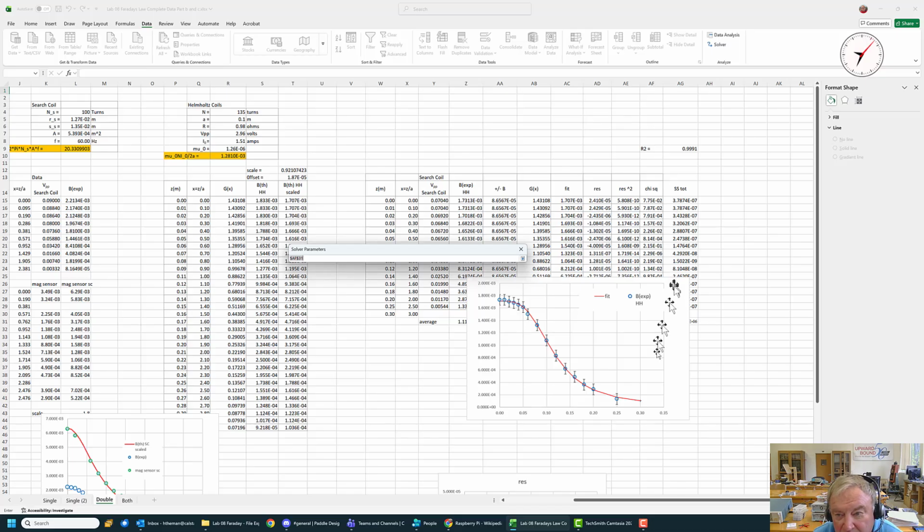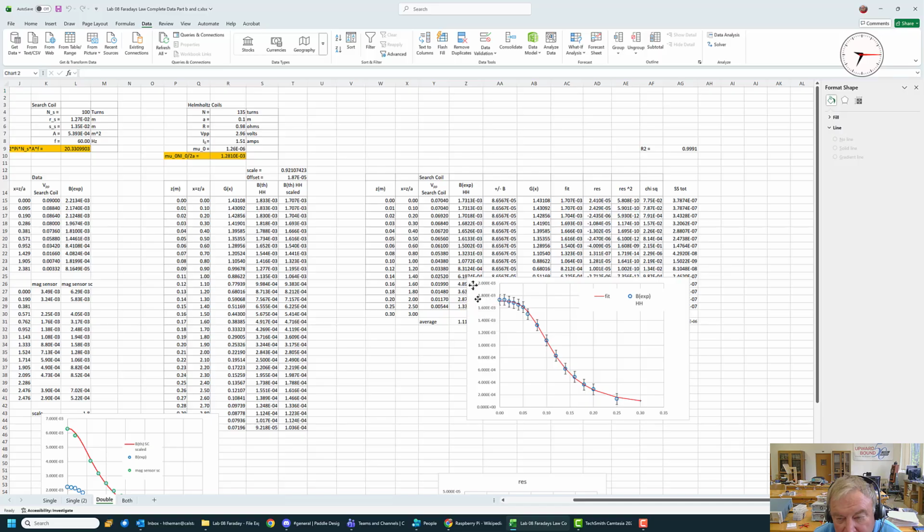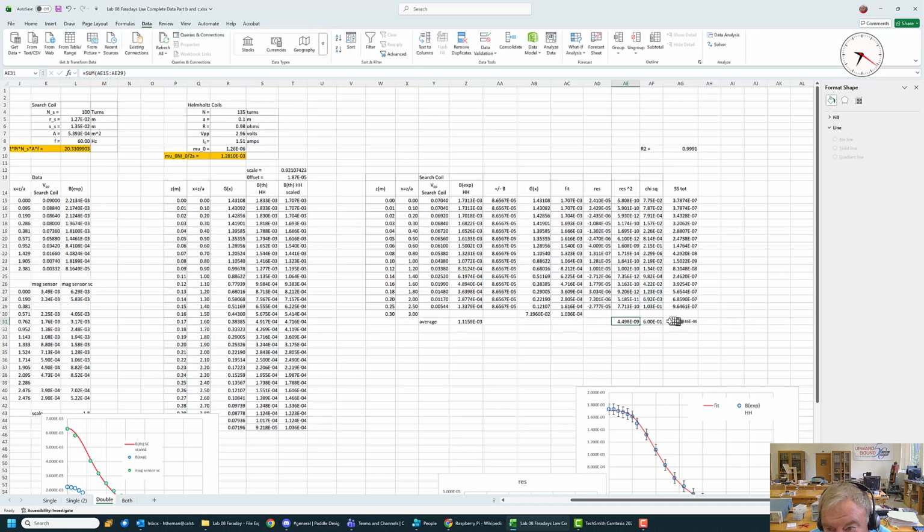Oh, it must be down below here. Oh, we have to cancel this because I got this in the way. Oh yeah, so sum of the res squared, sum of the chi. I did this quick and dirty. This we're going to learn about.